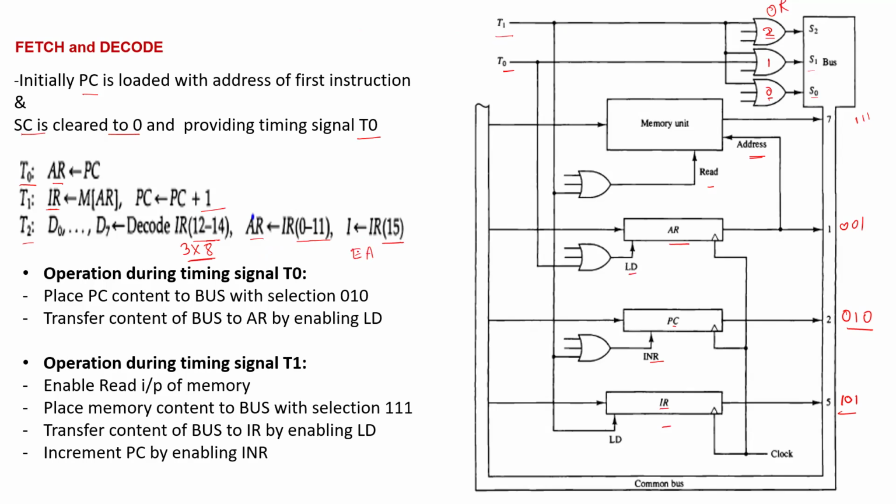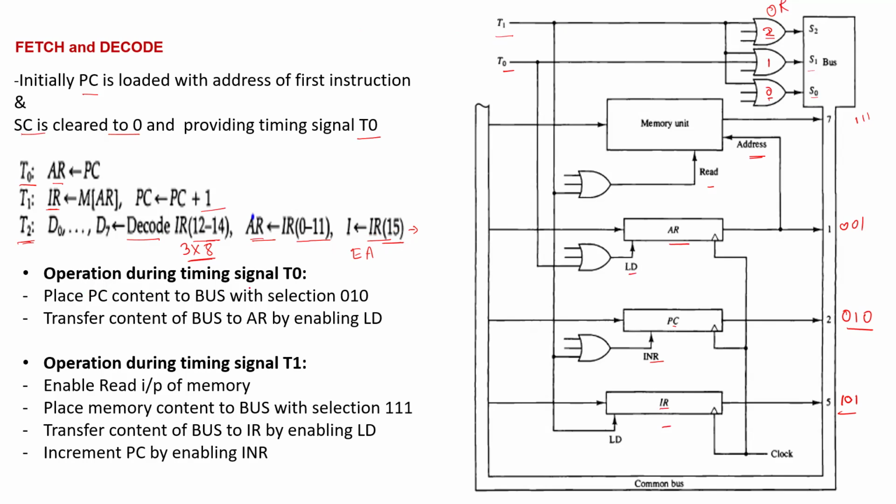If it is direct addressing mode, meaning the I value is 0, then we can obtain it directly. These things happen in the same timing cycle T2: decoding of the opcode and the transfer of the address of the operand. The 15th bit is given to the I flip-flop directly.